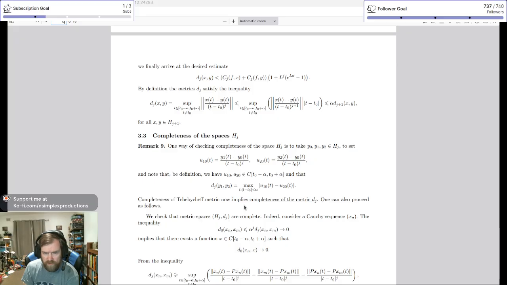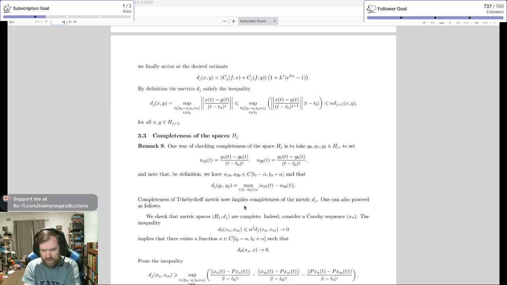Note that by definition we have u10, u20, and that d sub j of y1, y2 is equal to the maximum, when the distance of t from t0 is less than alpha, of the u10 and u20.